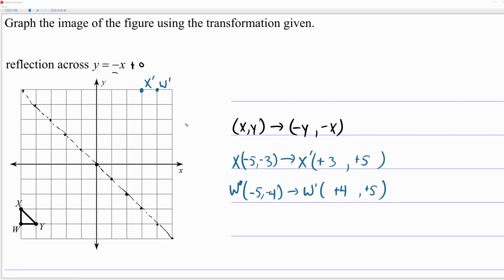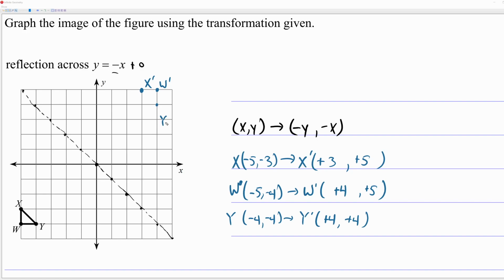There's W prime. And now point Y, which is at negative 4, negative 4. We'll go to point Y prime. So interchange the two numbers, which doesn't matter because it's the same number, and then change their signs. So we're going to go to 4, 4.